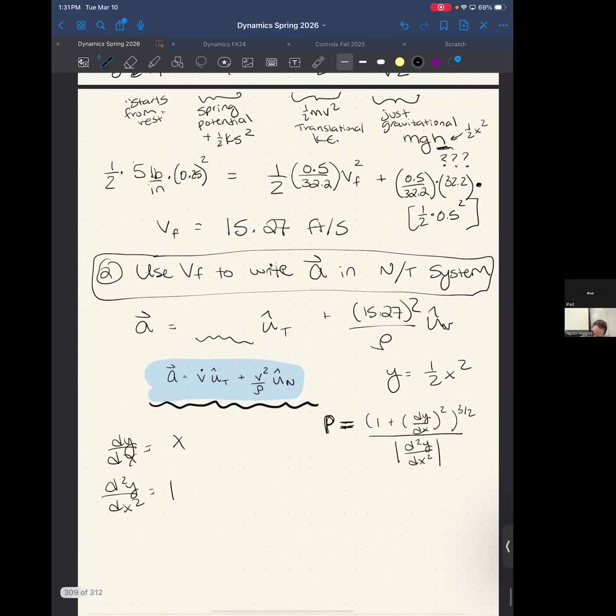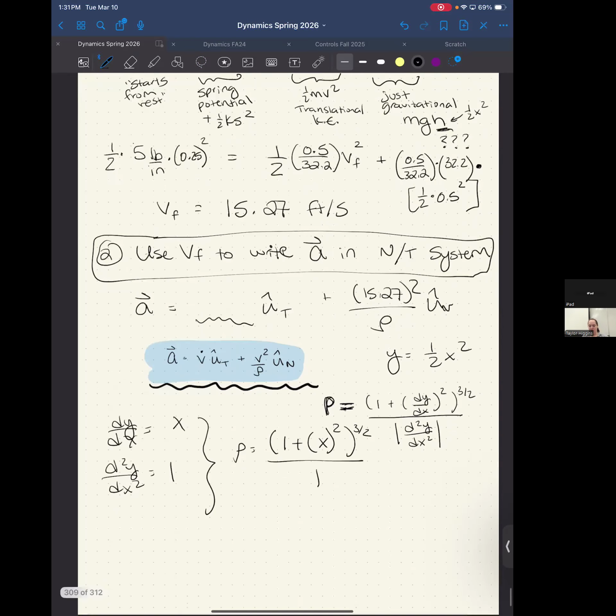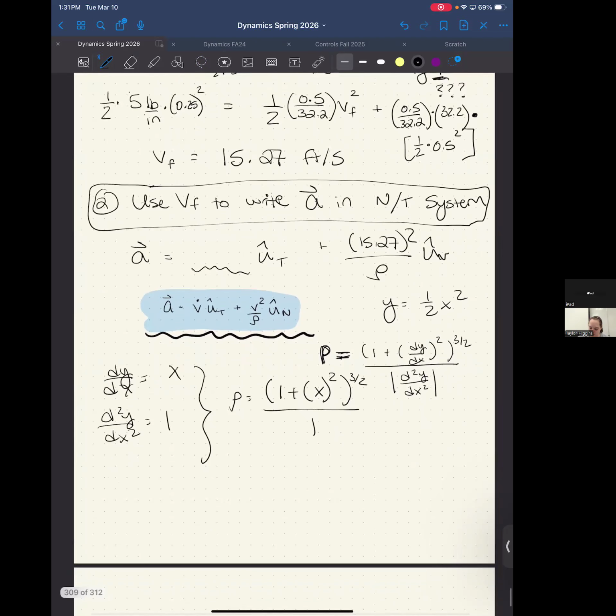Which means that rho equals (1 plus x squared) all to the 3/2 over 1. And where do we care about? Well, we care about when x equals 0.5 feet. So rho, when x equals 0.5, should be (1 plus 0.5 squared) all to the 3/2. What do we get for that one?